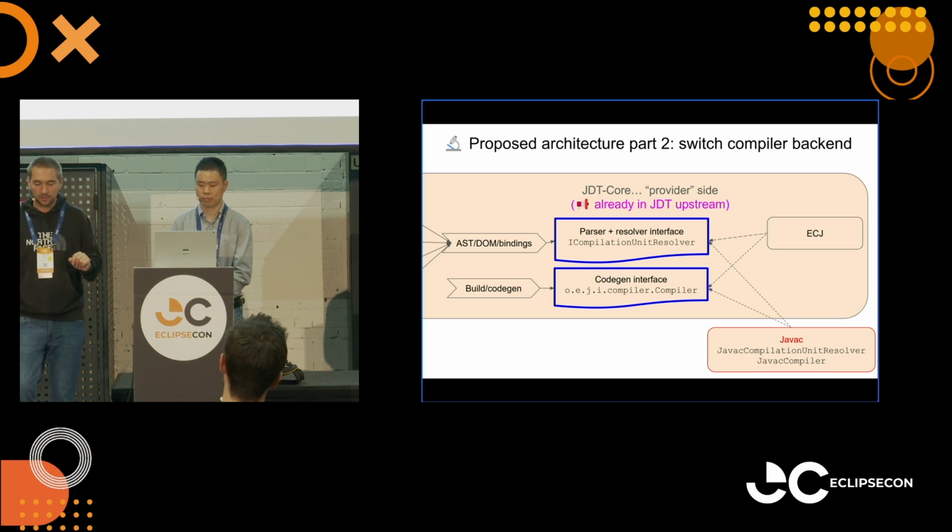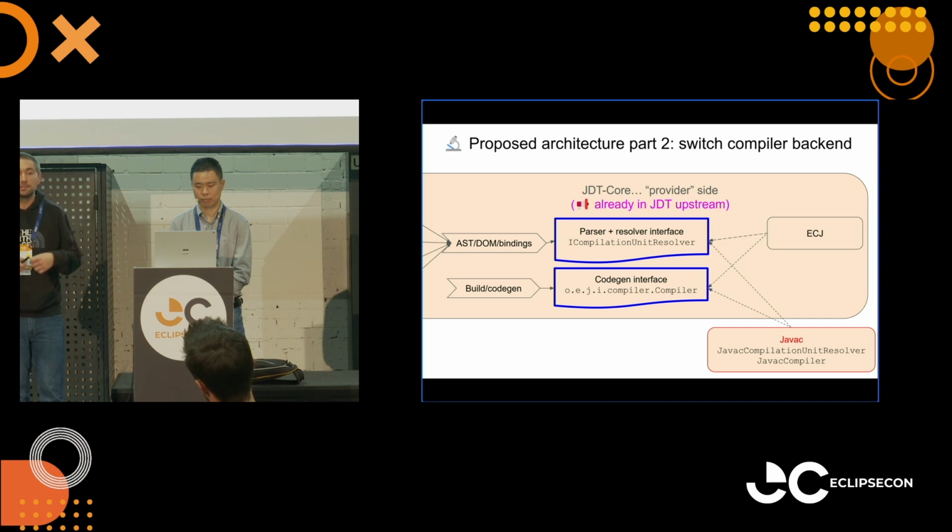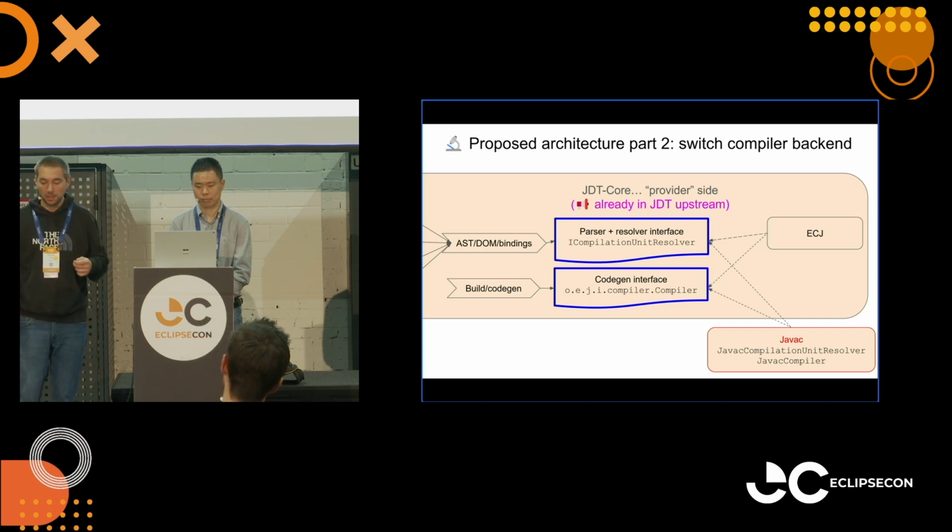And next, when we look at how we produce the bindings or how we do code generation, instead of directly using an implementation that uses ECJ, we create interfaces in between. One will be ICompilationUnitResolver, and this interface could have multiple implementations, and JDT could pick one or the other.